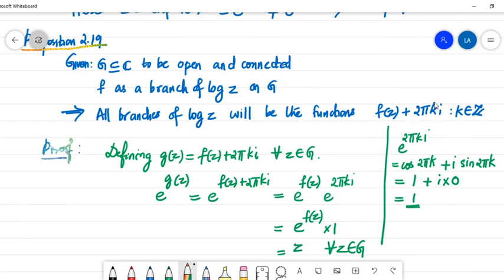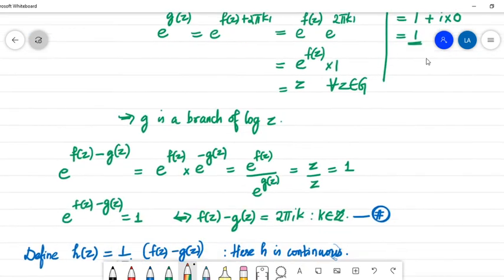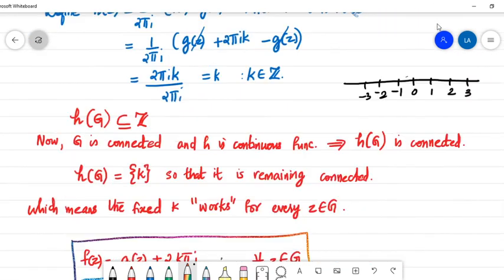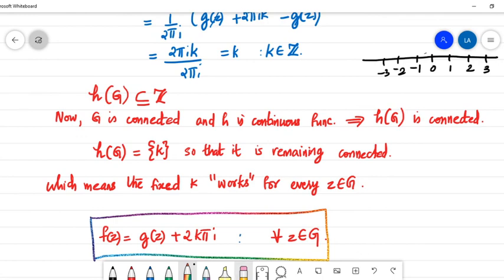We are getting the k to be from the set of integers, and the k is fixed, and we get that the functions are like this. The branches of log will happen to be like this. Let it remain like this.